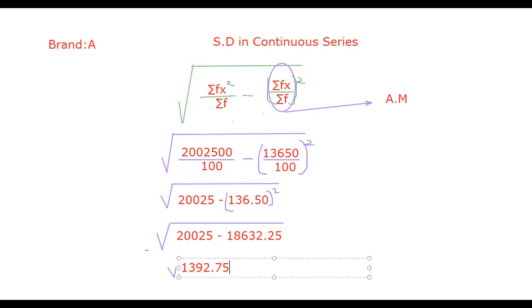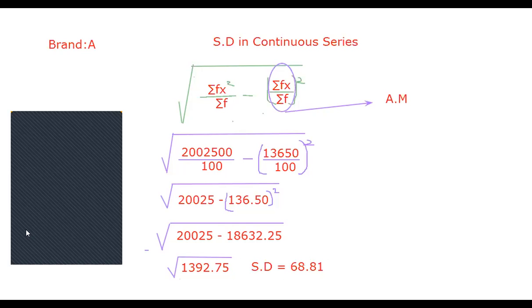Okay. Now we are going to take the square root of this value. The square root of 1,392.75 is 37.31.